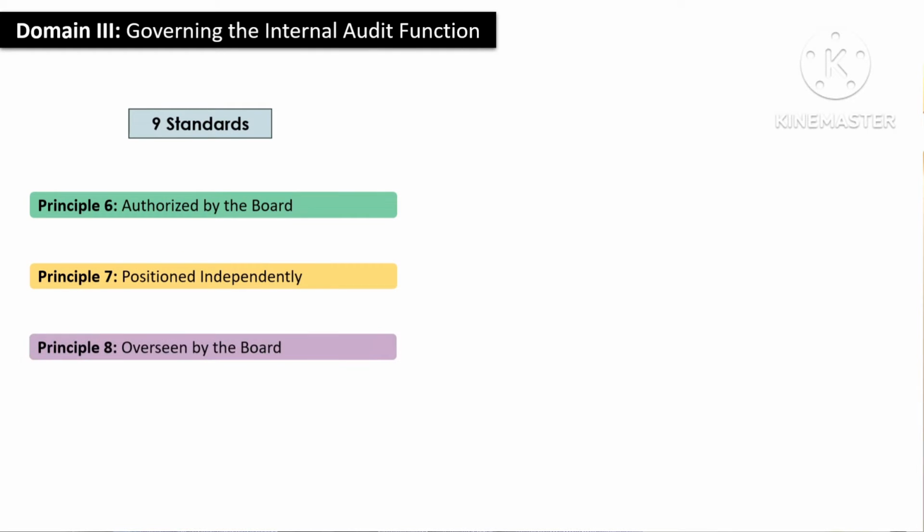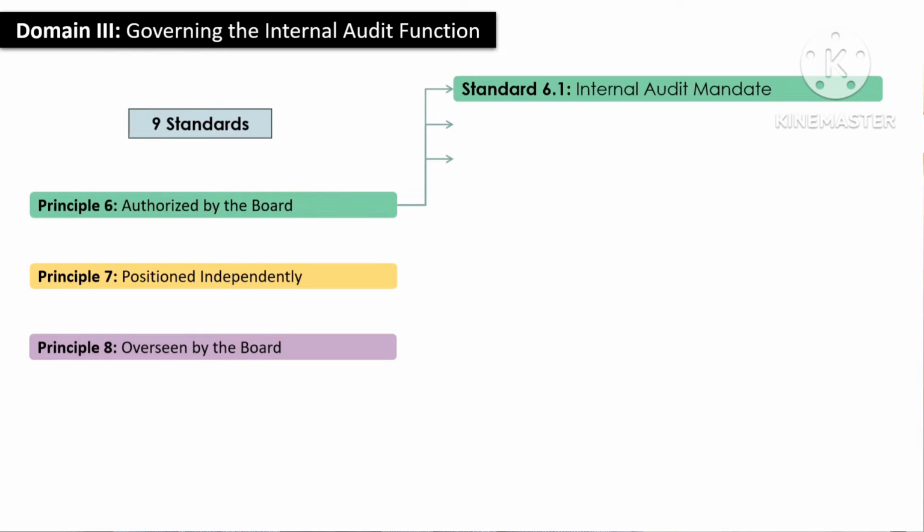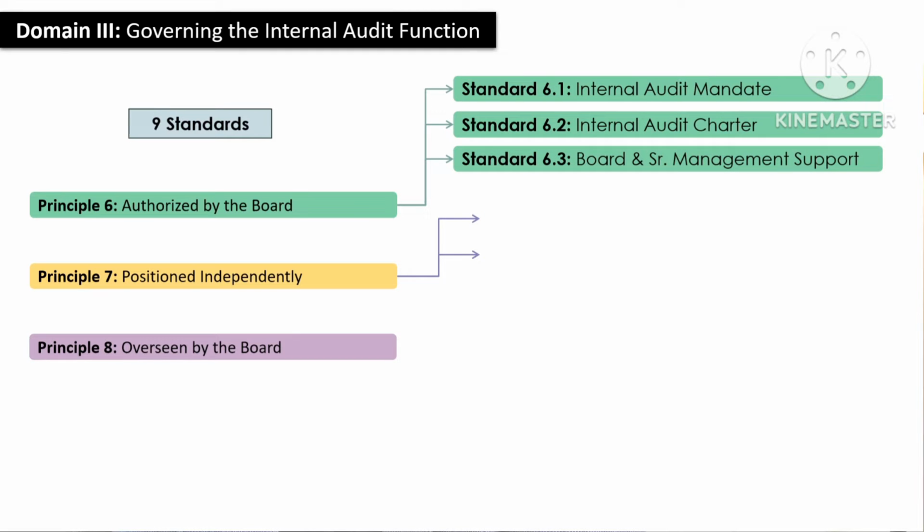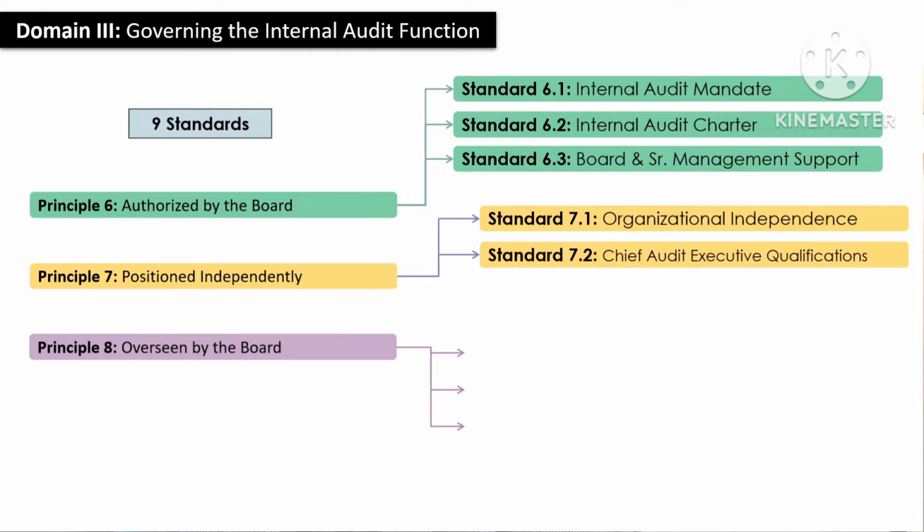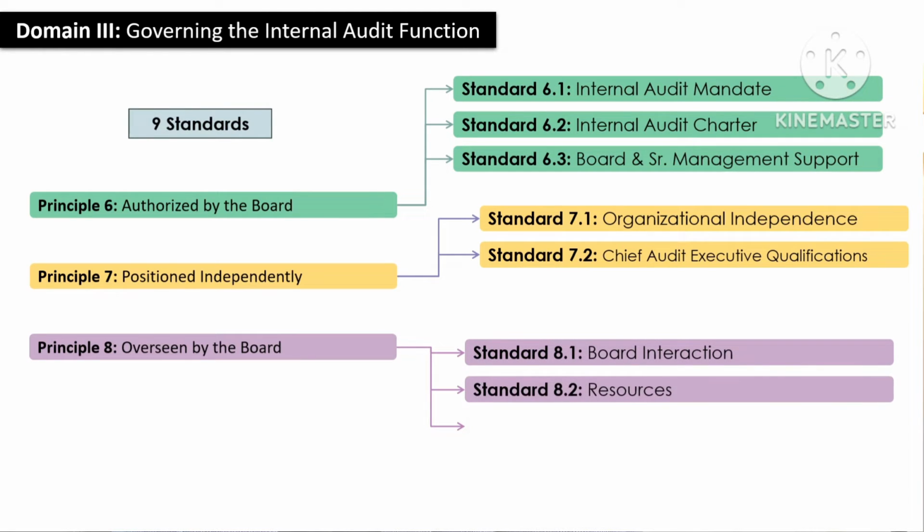Principle 6 is linked with 3 standards: 6.1 internal audit mandate, 6.2 internal audit charter, and 6.3 board and senior management support. Principle 7, positioned independently, is linked with the standards organizational independence and chief audit executive qualifications. Principle 8 is overseen by the board, which is linked with the standards board interaction, resources, quality, and external quality assessment.